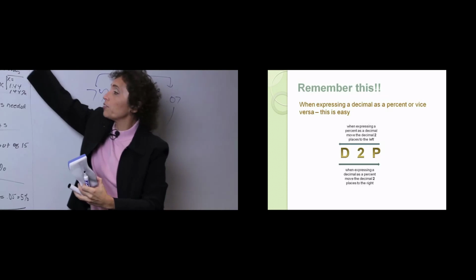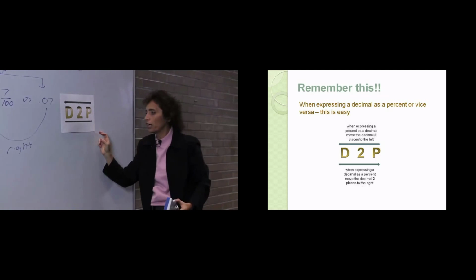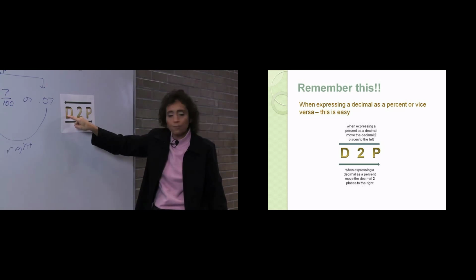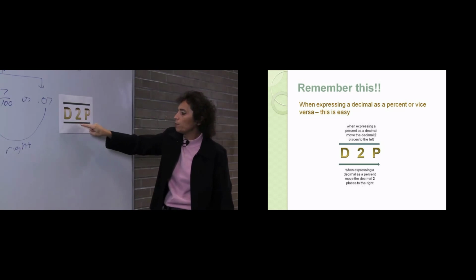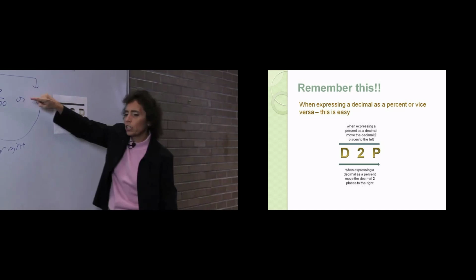So I want you to remember this, D to P. Actually, a 7th grader told me this, and it works out, because alphabetically, D comes before P. D for decimal, P for percent, decimal to percent. You want to go from a decimal to a percent, you move to the right. Percent to a decimal, you move to the left.